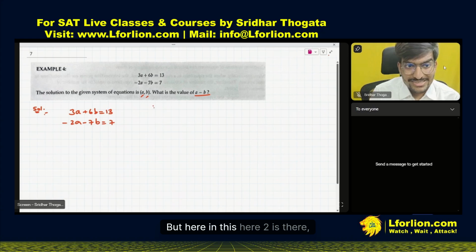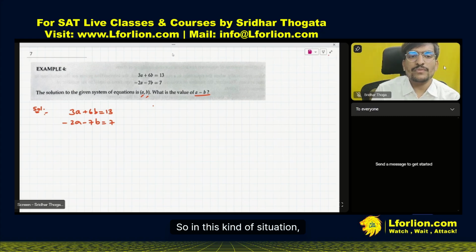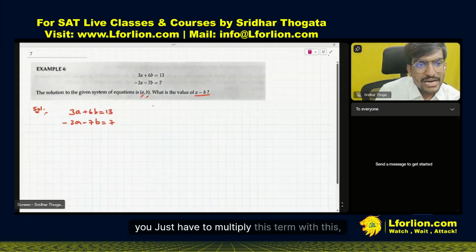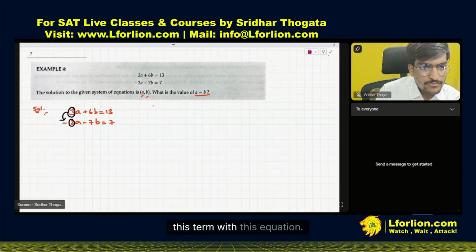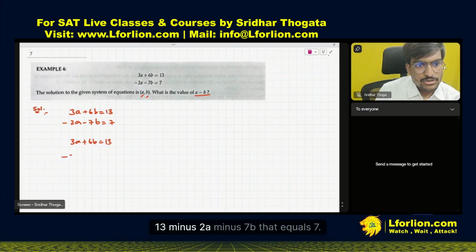But here in this, 2 is there, 3 is there, 7 is there, 6 is there. How can you match? In this kind of situation, you just have to multiply each equation by the other's coefficient. So 3a plus 6b equals 13, and minus 2a minus 7b equals 7.